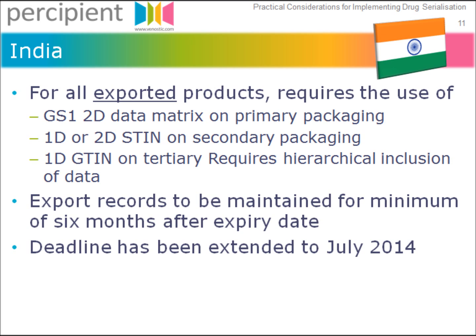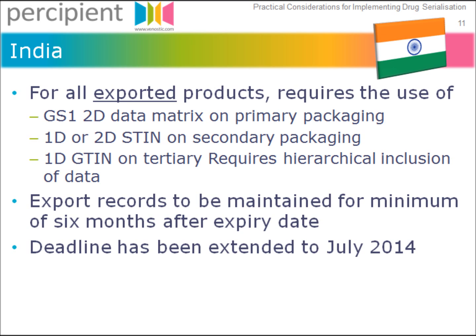And we need to have this hierarchical construction of data as well, so we know which primary units went into the secondary packaging and so on. It's going to require organisations to keep export records, to be maintained for a minimum of 6 months after the expiry date. Those requirements were due to come into effect this year, but Indian manufacturers really pushed back against that deadline because they realised it just wasn't practical.